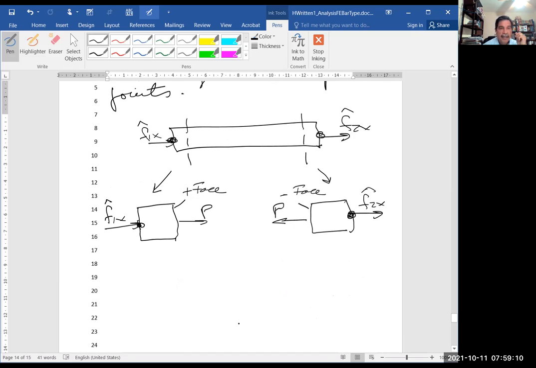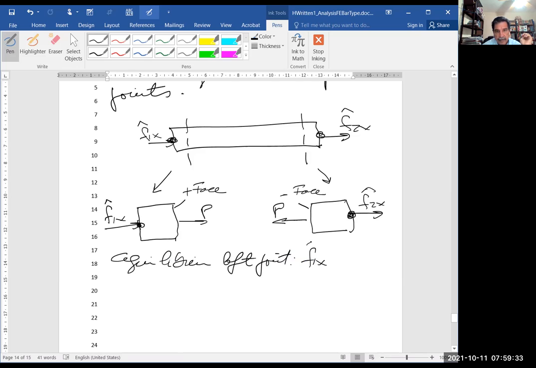But now, the thing is that both this end and this other end have to be in equilibrium. So we say equilibrium of the left joint. So we have this plus that. So we say F1x plus... Who is P?